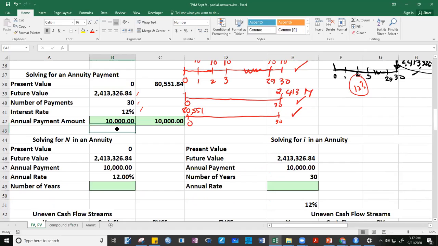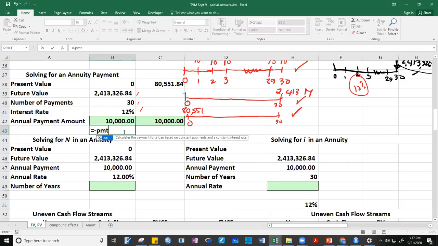Pwede natin ipakita yan. It's equal to, since ang hinahanap natin si PMT, so lagyan lang ko ng minus dito, minus PMT. Ang pwede natin lagyan ng minus yung cash flow, not the rate, not the NPER. Okay, ano yung rate natin? 12%, comma. Ano yung NPER? 30, comma. We're not looking at the present value, we're looking at the future value. Okay, so ang future value 2413.